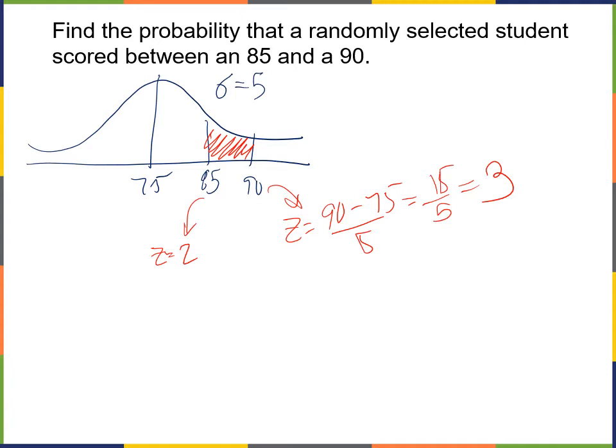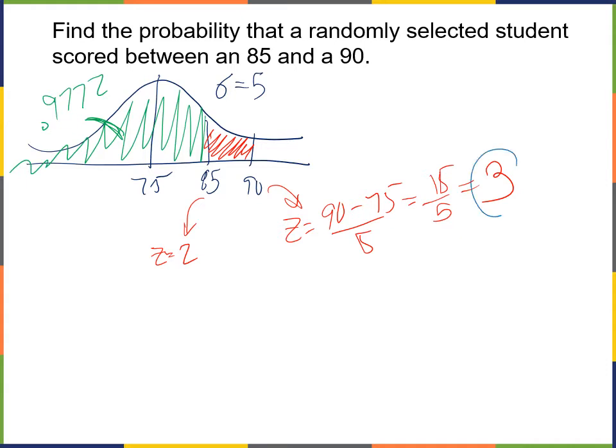So what are we going to do? Our table will give us area to the left. So if I look up 85, I can get the area to the left here. We've already done that. We found that that was 0.9772, right? We just did that in the last example. I can look up a z-score of 3. That's for 90. And that'll give me area to the left of that, which will be all this area down here.